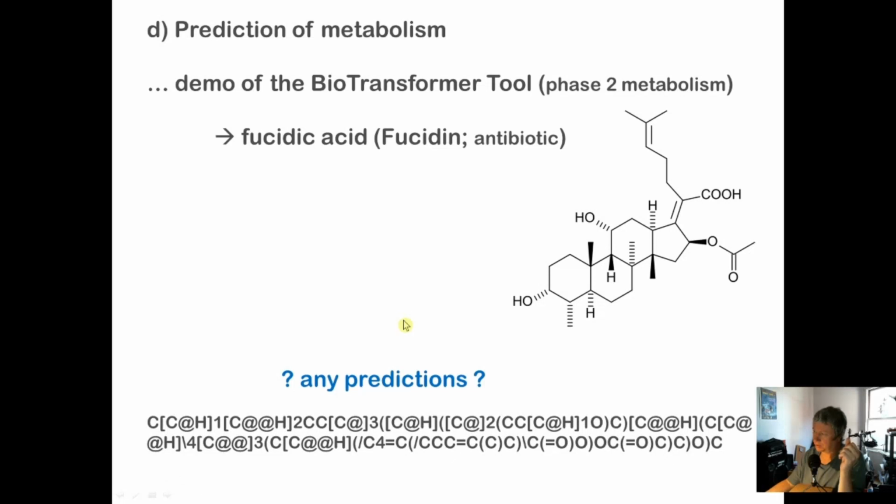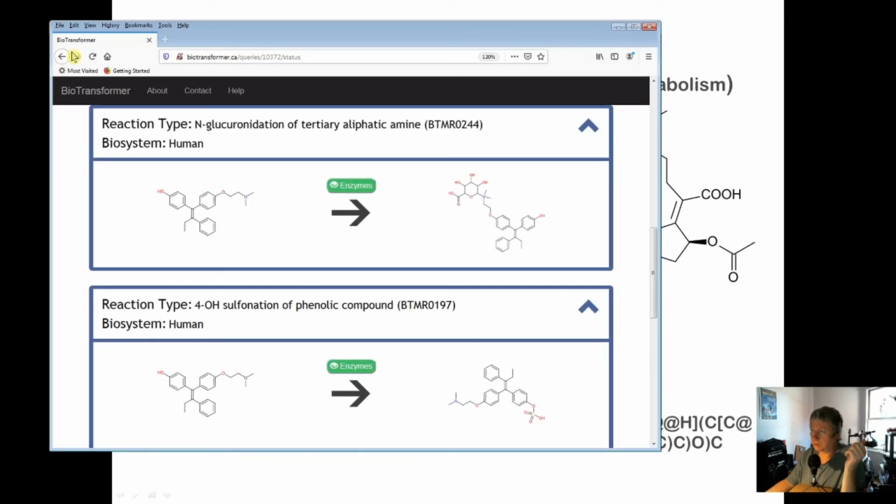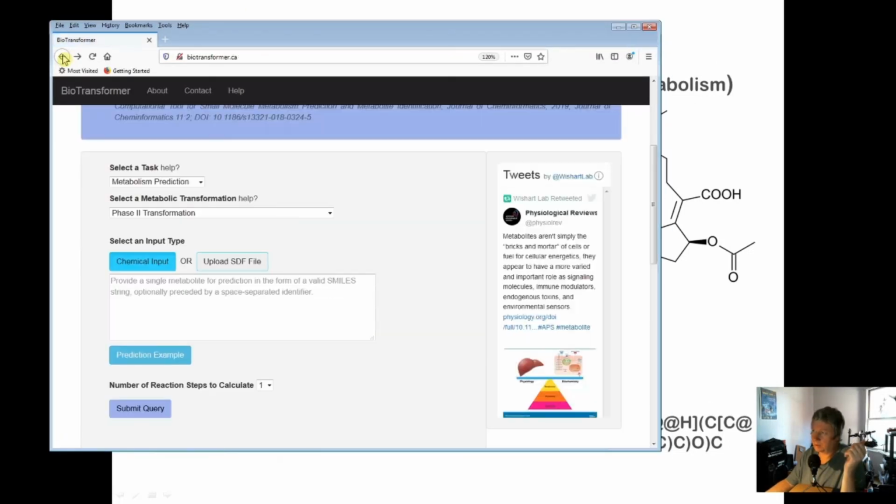Okay, so let's take this molecule, conveniently shown as a SMILES string. Let me get the SMILES string on my clipboard. Okay, it's got the SMILES string. We will try the BioTransformer tool in Canada. Back.